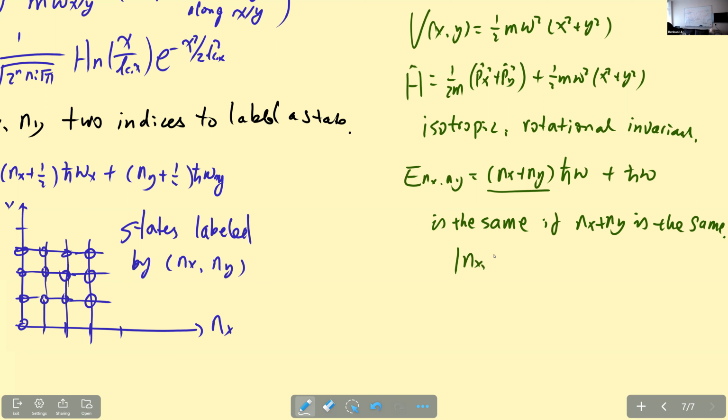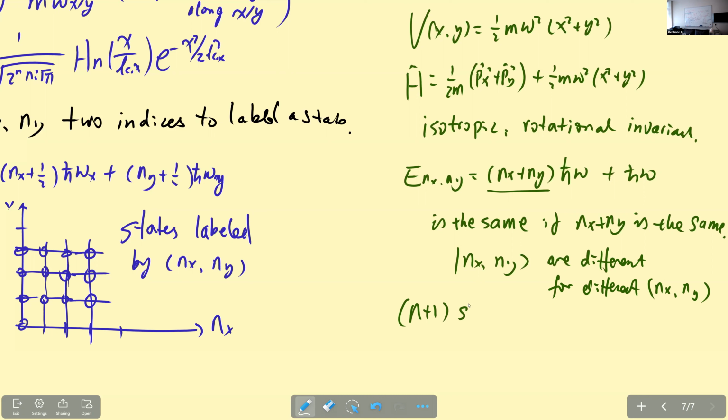But the states, of course, are different for different n_x and n_y, right? So that means you have more than one state corresponding to the same energy. Okay, so in general you can have m plus 1 states with the energy m h bar omega plus h bar omega, right? So as long as n_x plus n_y is a constant, the states will be degenerate.